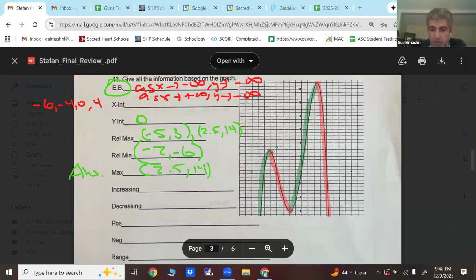So you want to get the x values that are associated with that. Definitely when x is less than -5. Also when x is between -2 and looks like 1 or 1.5.